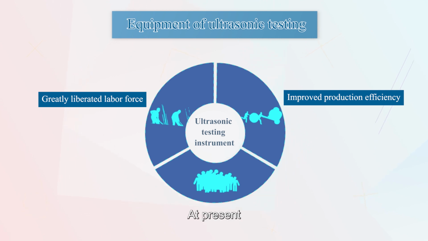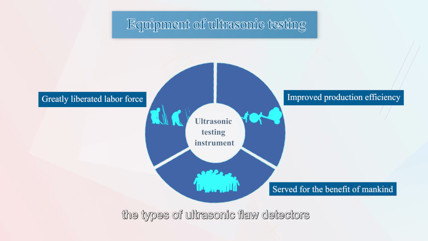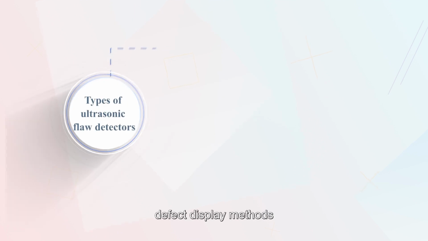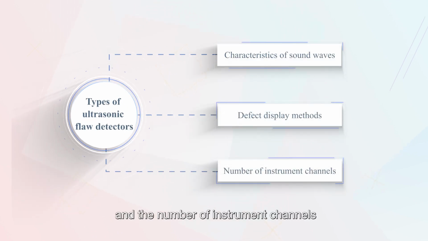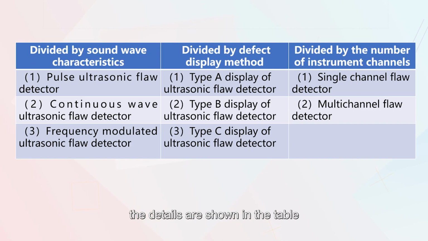At present, the types of ultrasonic flaw detectors can be classified according to the characteristics of sound waves, defect display methods, and the number of instrument channels. The details are shown in Table 1.